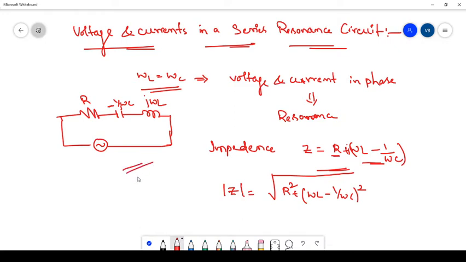In this circuit, how will the current be generated depending upon the impedance? Now we will see that.